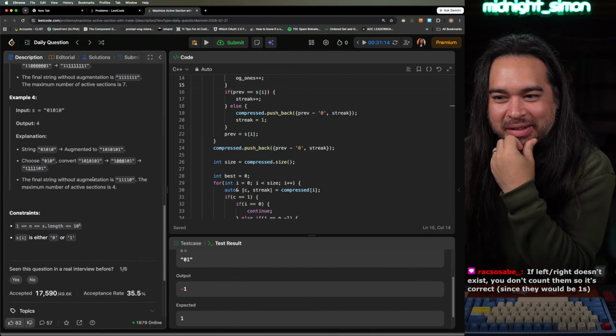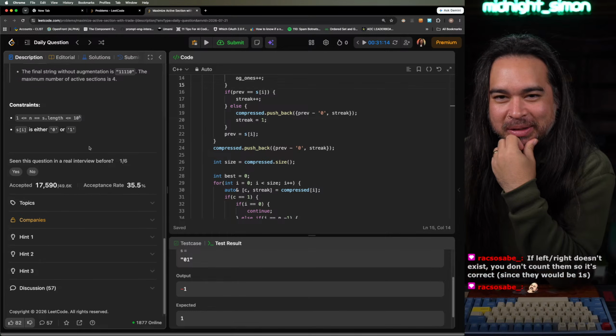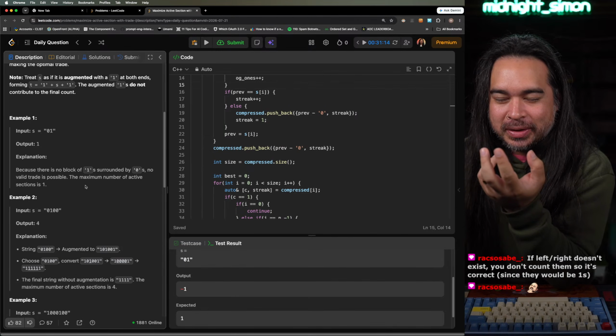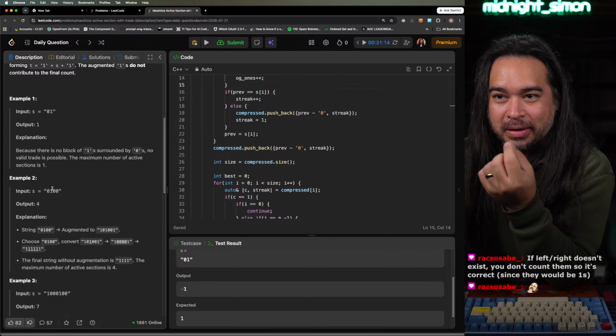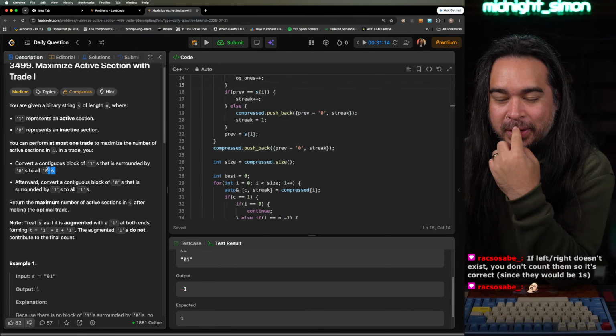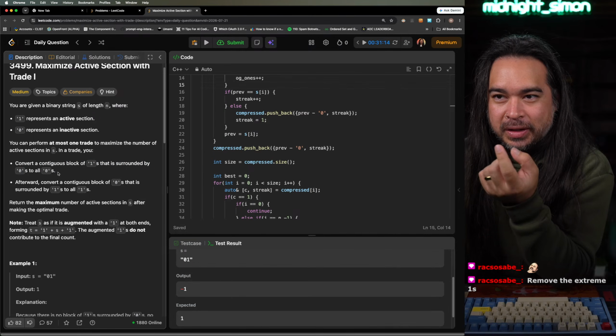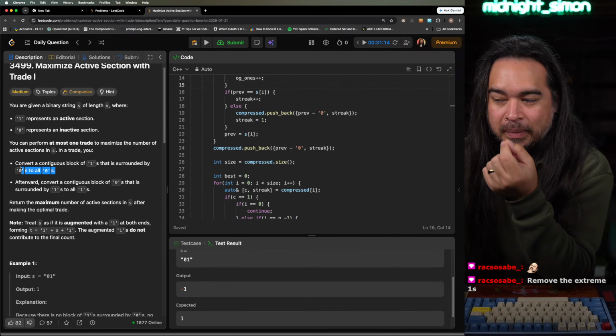But I can't stop thinking about, like, maybe I'm tripping myself up. So the first thing I gotta do is find this block of ones that is surrounded by zeros and turn that into zeros.